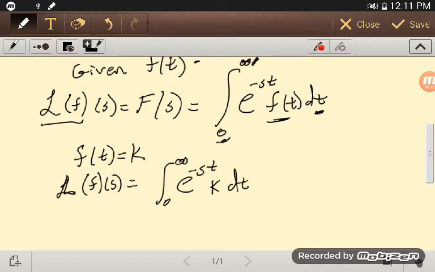Well, k is a constant, so that factors out front, and so I get k times this integral of e to the minus st.